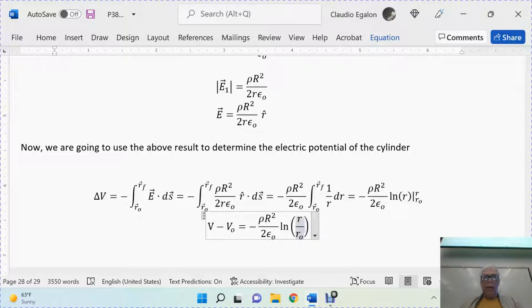And then we have our result for the electric potential.